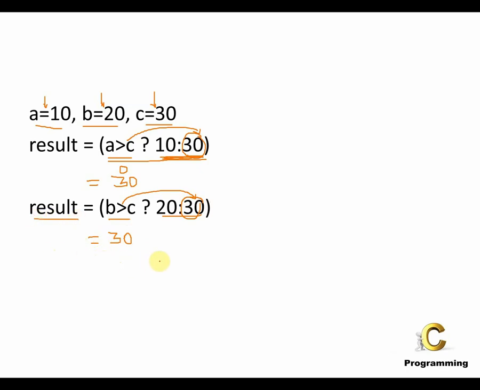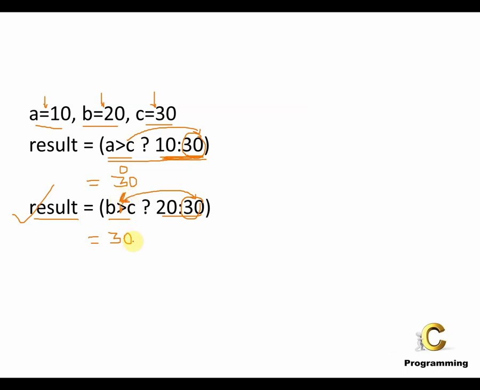So this is how a conditional statement in C is evaluated. Now let's make a change in the second example. Let's say this was less than C. What if B was less than C? What answer would we get?